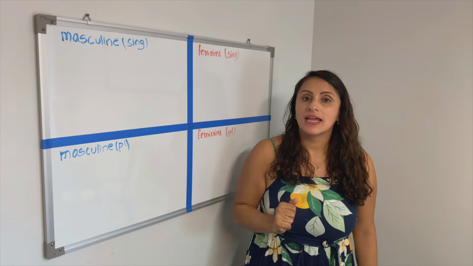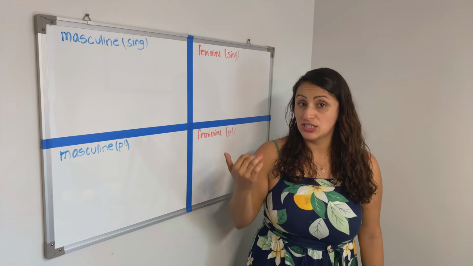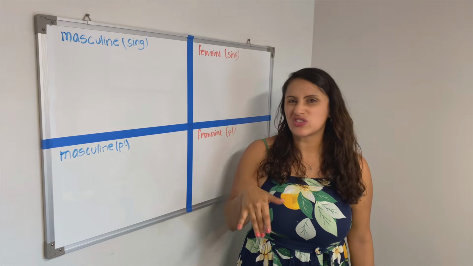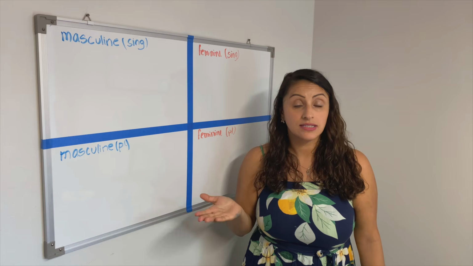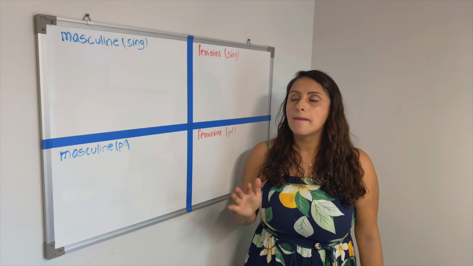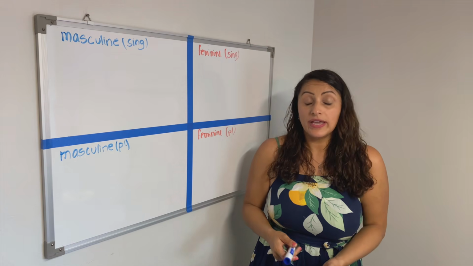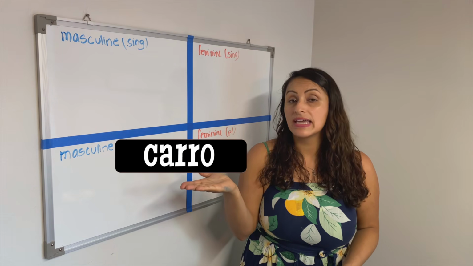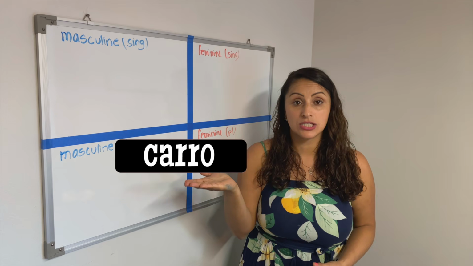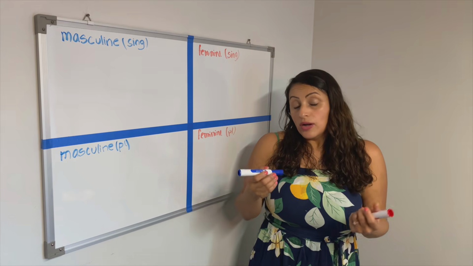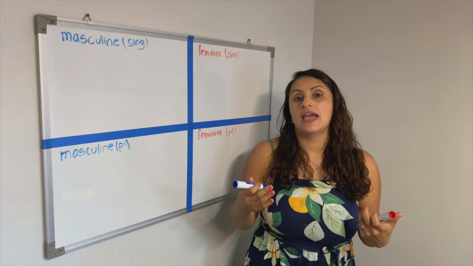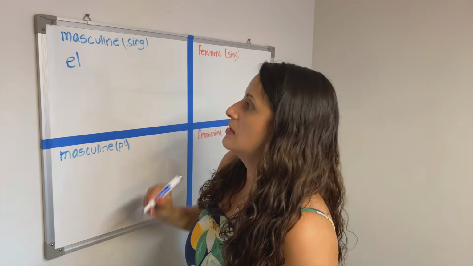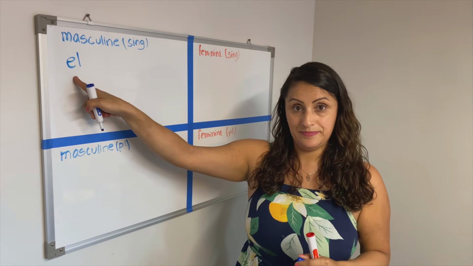In Spanish, it's going to be based on the gender of that noun and how many we have. You're used to this idea already, from when we talked about it in the adjectives lesson, but let's go over it again. So we talked about the word carro, and we said carro is a masculine noun and it means car. In order for us to say the car, we're going to use the definite article el.